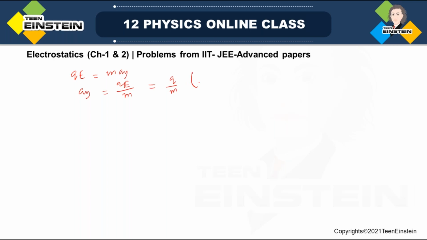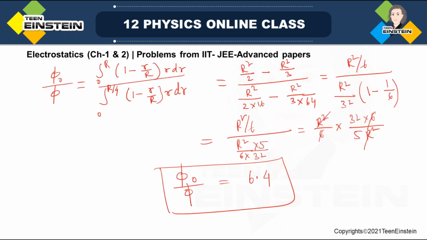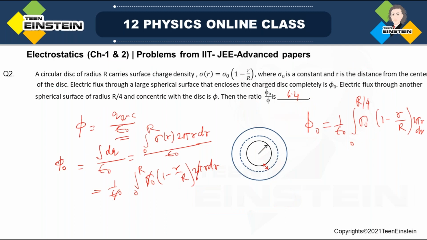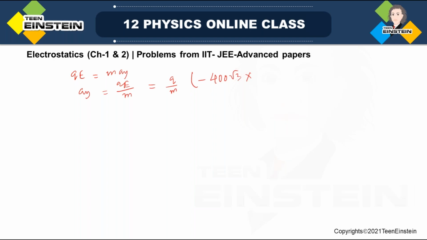So E is given already: 400 root 3 into 10 to the power, root 3. Okay, so that was y cap. This is the electric field, along the negative y direction.